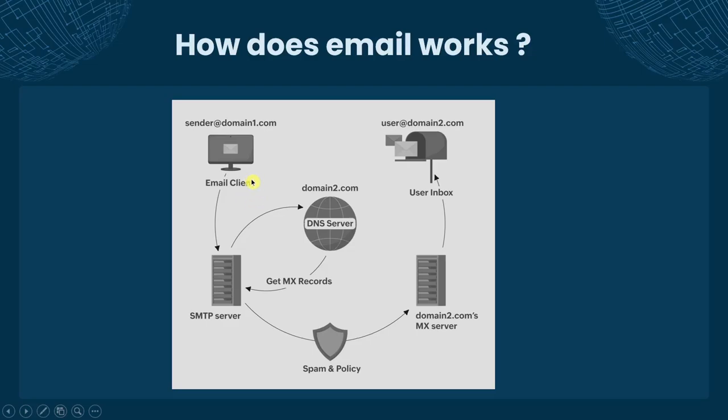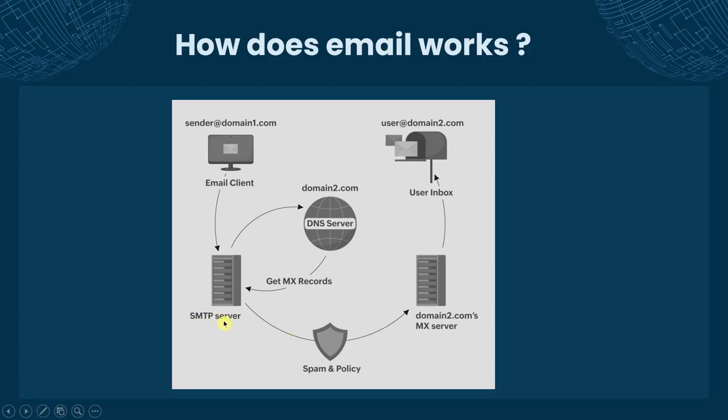Using the email client, we compose the email message, and the email client is connected to the organization's email server, which we call the SMTP server. The protocol used between the server and the email client is POP or IMAP. Then between mail servers, that is, between the sender's mail server and the receiver's mail server, communication happens using SMTP.